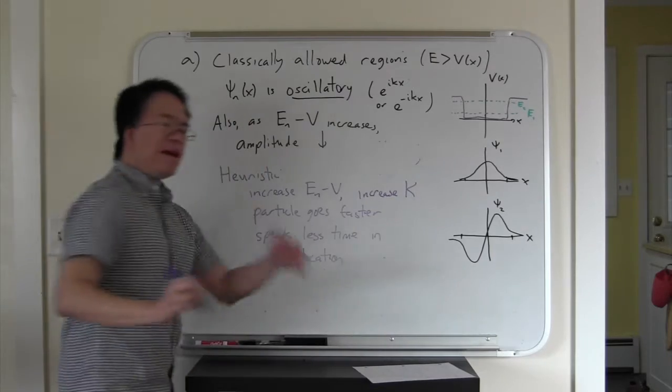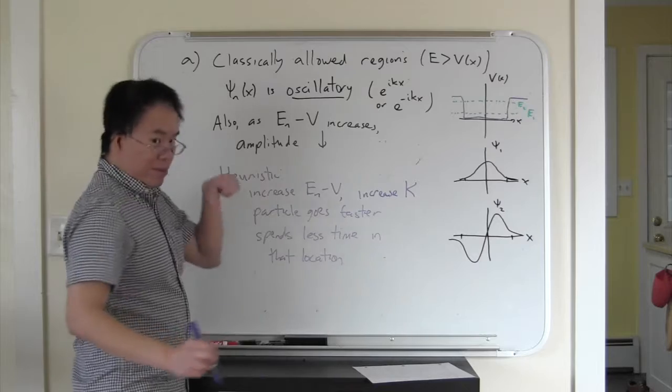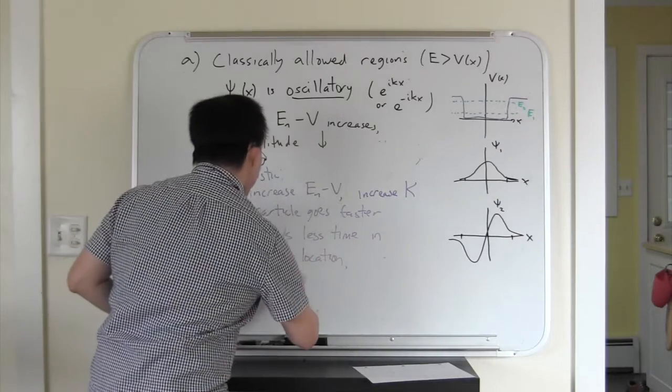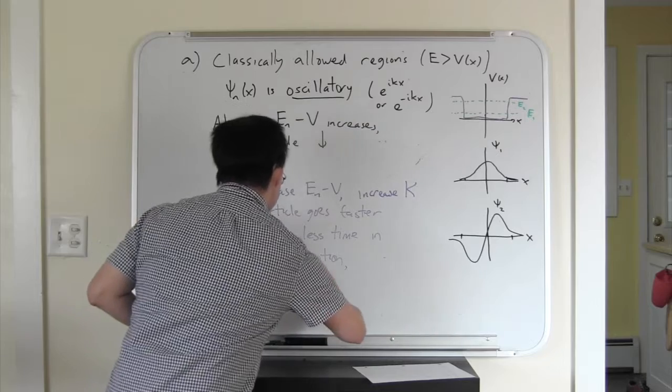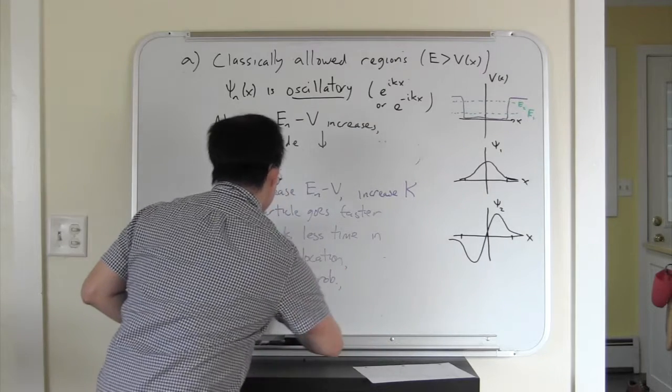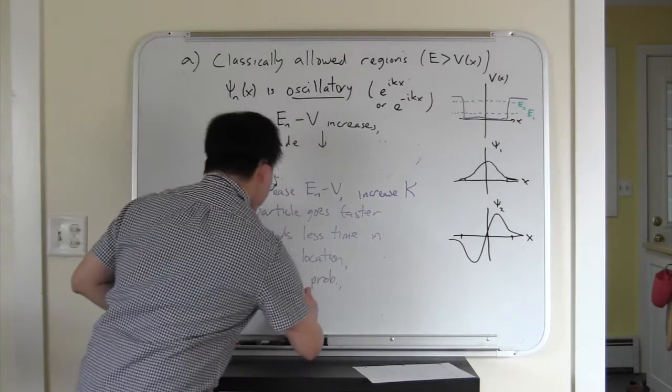So you would expect that the probability of measuring the particle there to go down. So smaller probability, smaller amplitude.